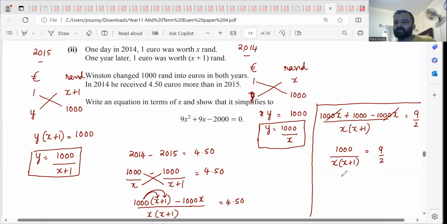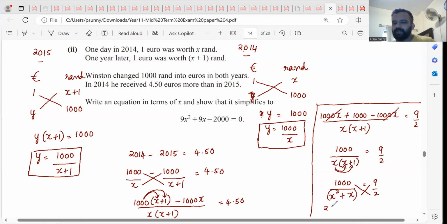Now x into x plus 1 we also need to expand. x into x is x square, x into 1 is x. So this becomes 1000 divided by x square plus x, equal to 9 by 2. Now the last step: two fractions with an equal sign in between, we always have to cross multiply them.